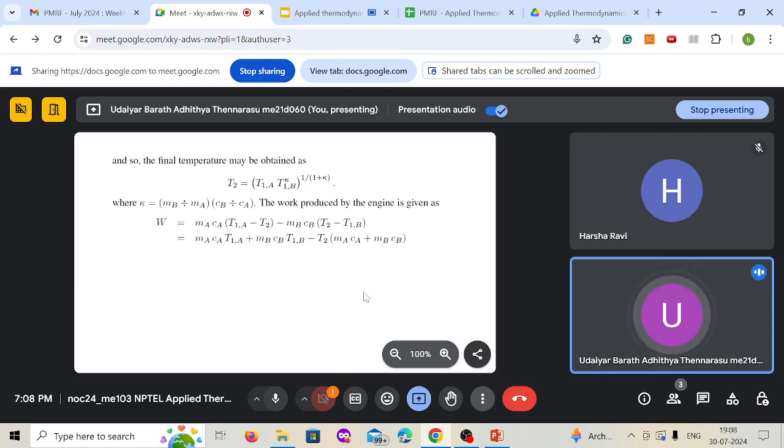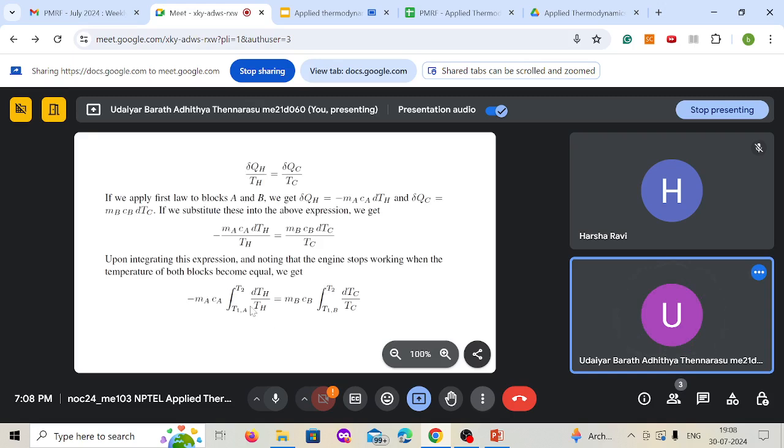When you integrate this, it becomes MaCa ln T1A by T2 equals MbCb ln T2 by T1B.